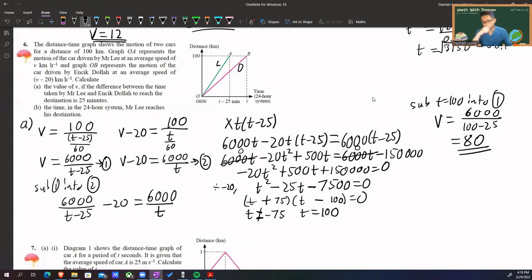That's for part A. And part B, I already have the T, so the time in 24-hour system when Mr. Lee reaches his destination. It starts at 8 o'clock. So T is 100. 100 means 1 hour and 40 minutes. 60 minutes plus 40 minutes, 1 hour and 40 minutes. So I plus 1 hour and 40 minutes.